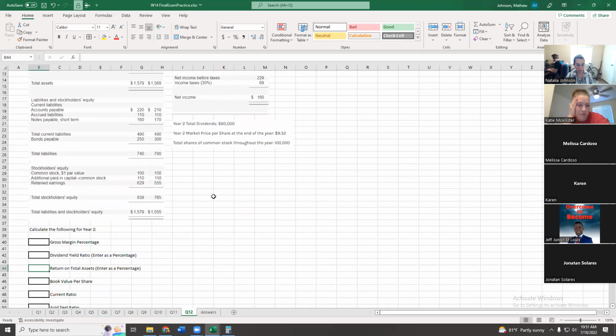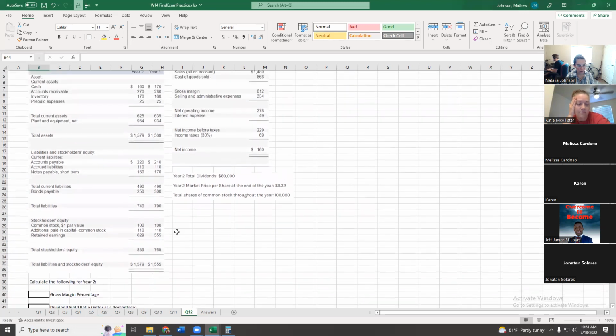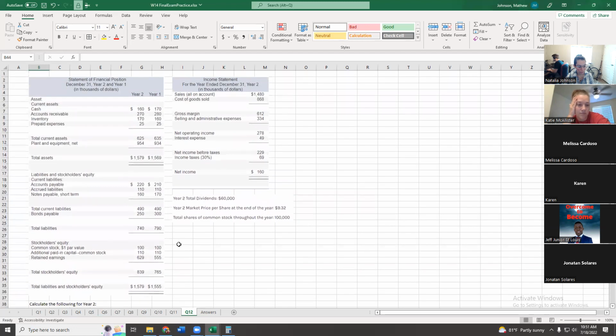I think the easiest way would be doing it by sections. So the deepest parenthesis is 1 minus tax rate. The tax is 30%. So 1 minus 30%, we have 70%. Then you multiply that times the interest expense, which is 49,000.